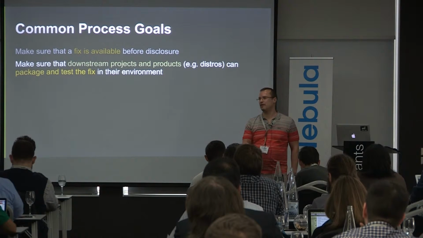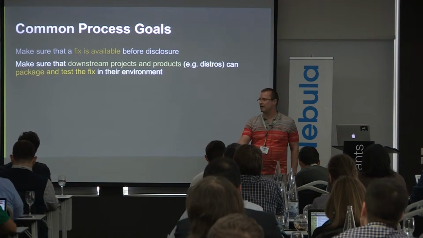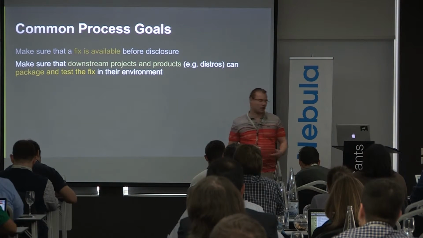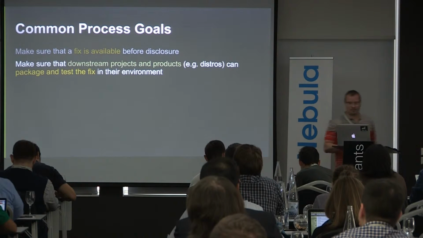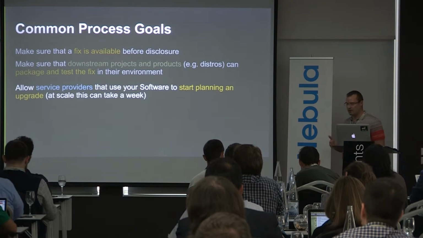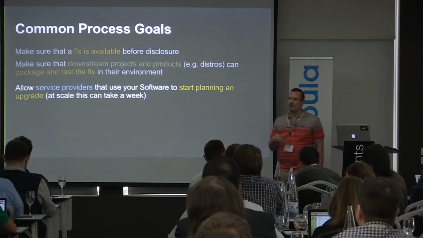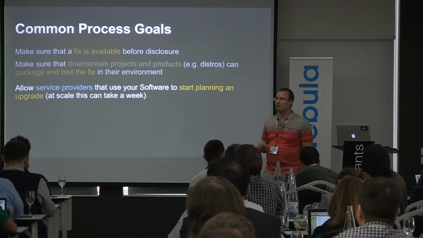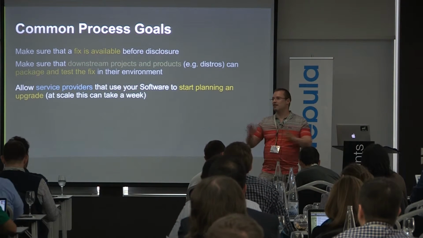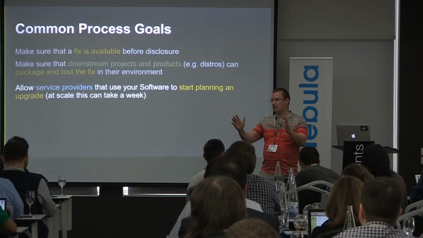So, for example, if you look at Linux and Linux distros, the Linux distros basically take a fix, package it up, and test it in their environment, and they know it all works. Then we have sort of newer goals, right? For example, you may want to allow a service provider to plan upgrading their service during that pre-disclosure period.